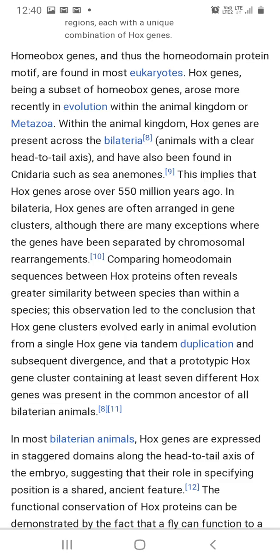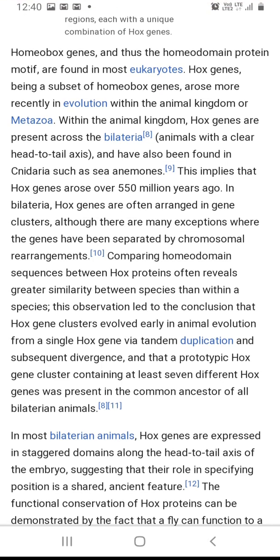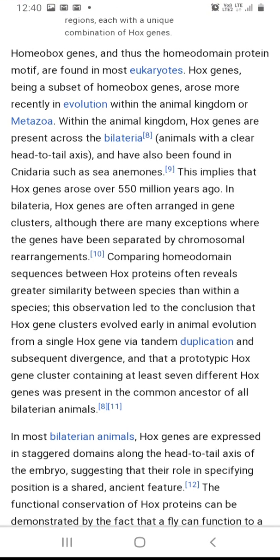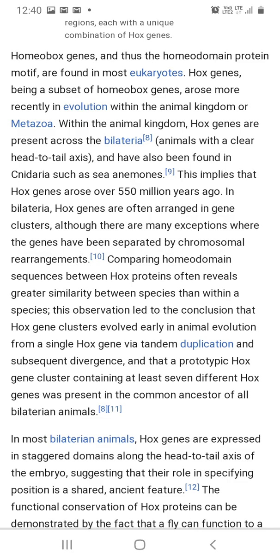Comparing the homeodomain sequences between Hox proteins often reveals greater similarity between species than within the species. In most bilaterian animals, Hox genes are expressed in staggered domains along the head-to-tail axis of the embryo, suggesting that their role in specifying position is a shared ancient feature.